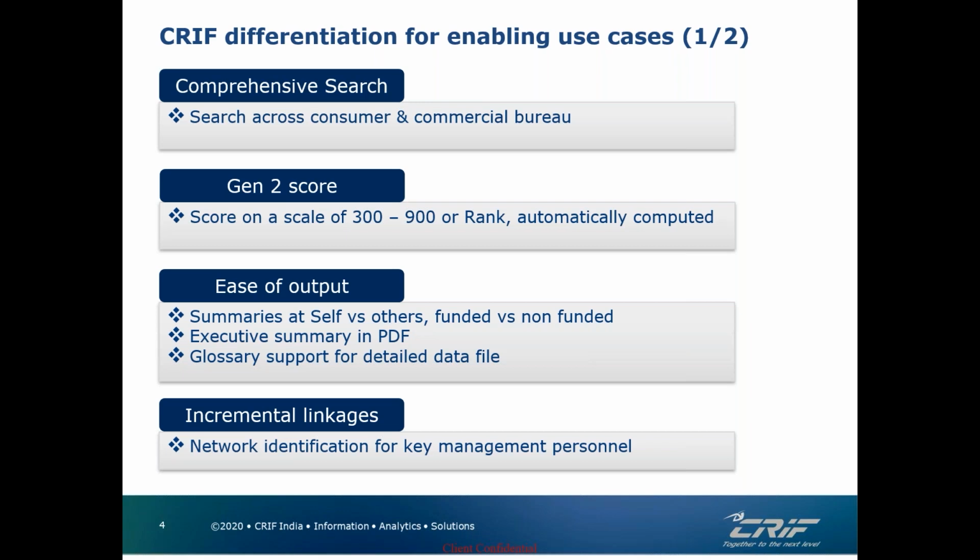The linkages is essentially very importantly for the key management personnel. The key management personnel is not only limited to personnel that you have reported in the bureau, but also personnel that we can link using information furnished by the same business entity that you are reviewing to authorities or to statutory bodies to whom they are necessarily required to submit information.